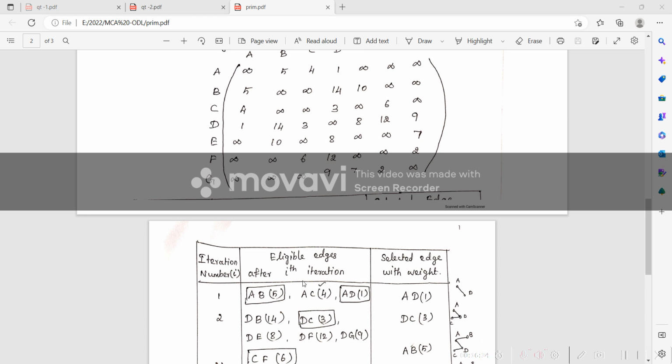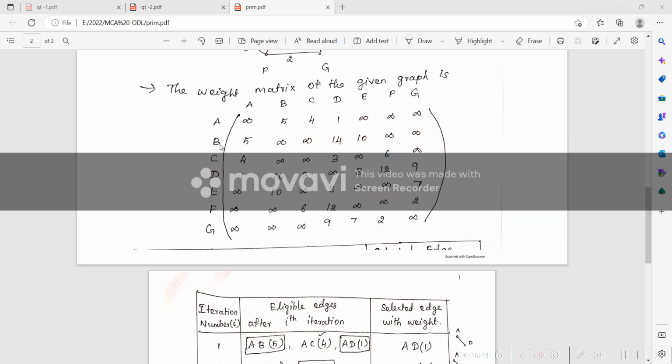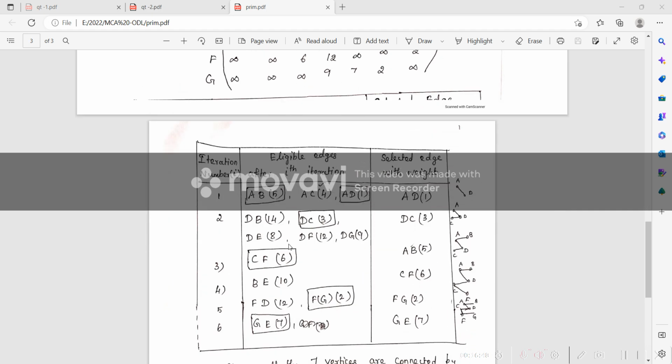And then next CD, that CD is also taken here, that is also used, so don't take this one. And the next one is CF, whose weight is 6. Okay, so next we are taking CF.